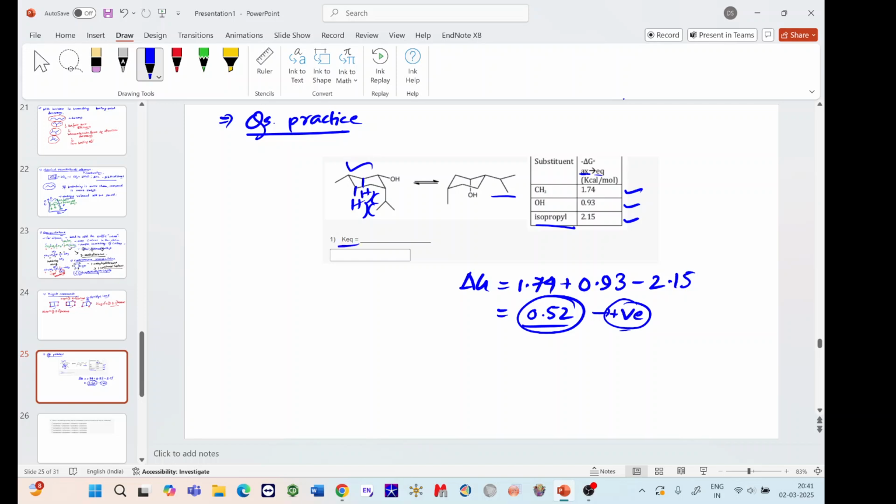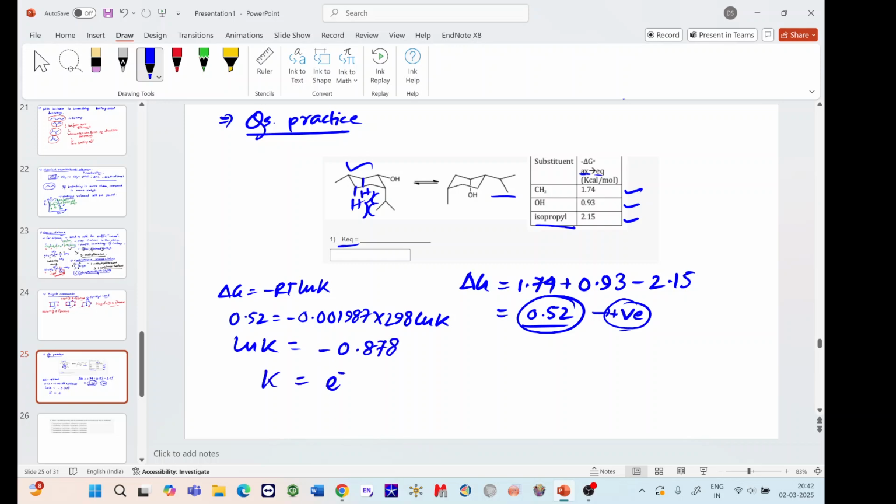So let me do that. Delta G equals minus RT ln K. Delta G is 0.52, equal to minus R, which I have told you already, 0.001987 kilocalorie, times 298, times ln K. Then ln K will be minus 0.878, and K will be e to the power minus 0.878.